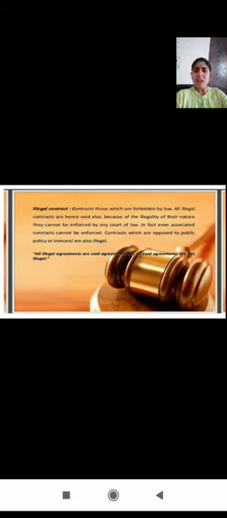According to the law, doing a crime is forbidden by law. If anything is done in the contract which is forbidden by the law, then it is an illegal contract. And all illegal contracts are hence void.